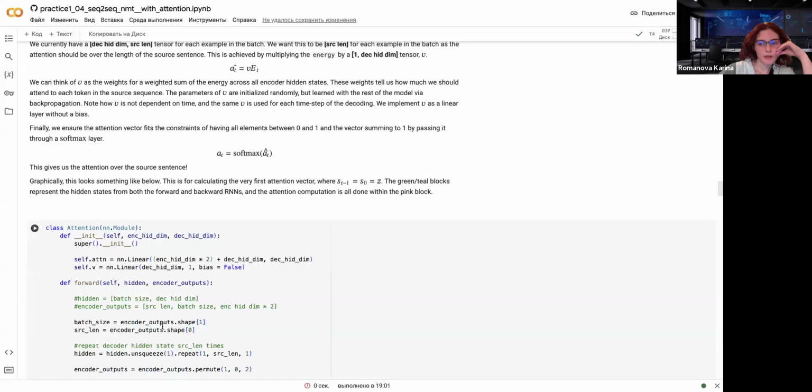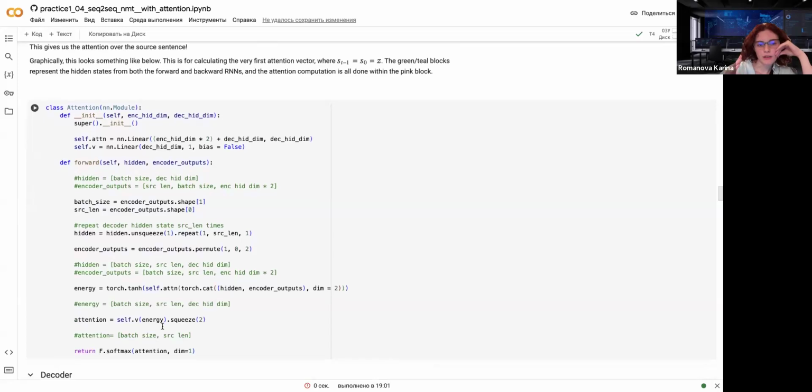So here we implement the attention mechanism, which helps the decoder focus on different parts of the input sequence during the decoding process. I will explain what we have here in the code implementation, and then I will tell you what I think is the easiest way to understand the meaning of attention.